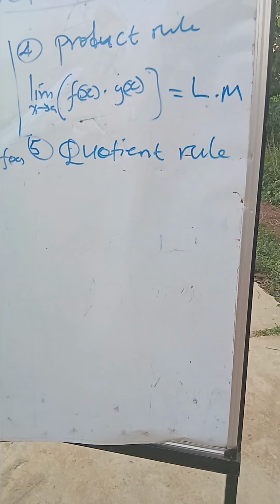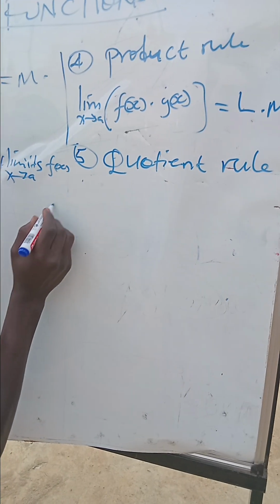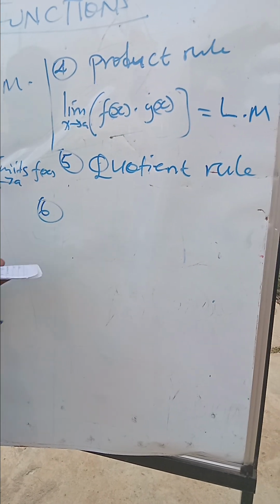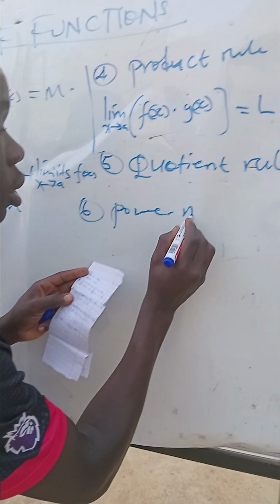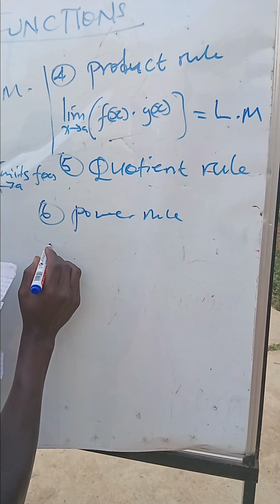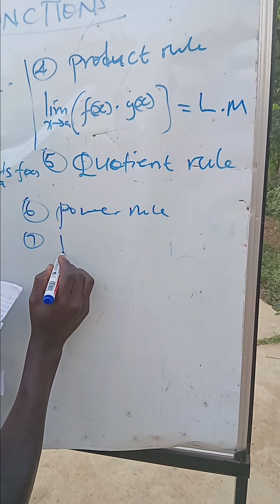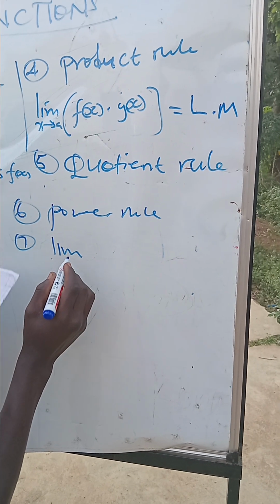What does it say? We have other properties of limits. We have the power rule, the seventh one. We have the root rule.